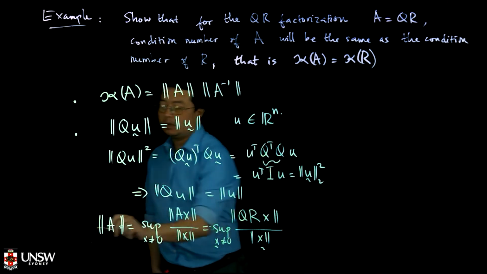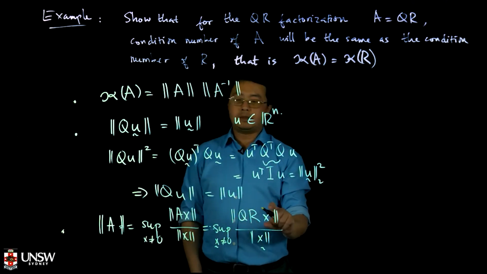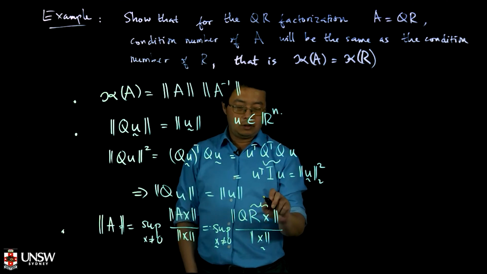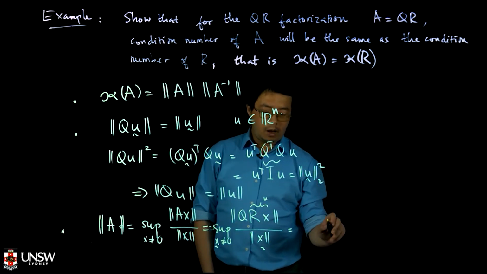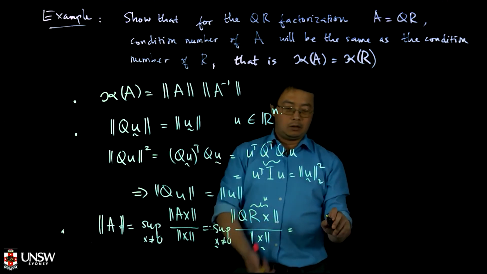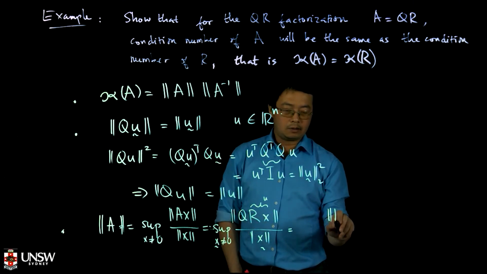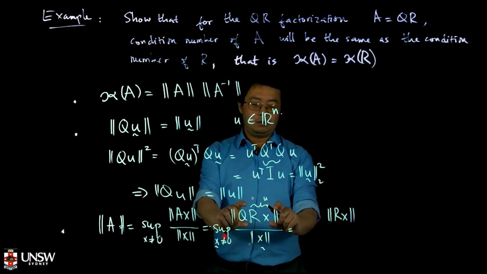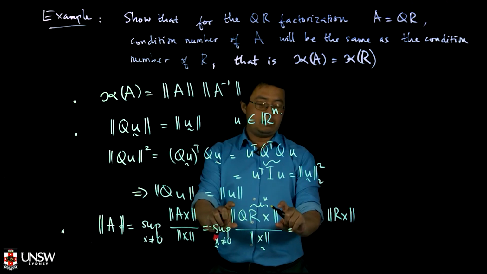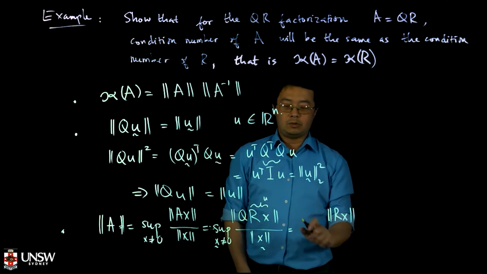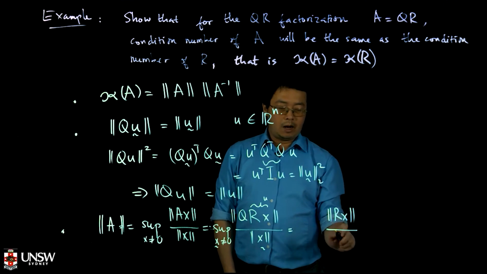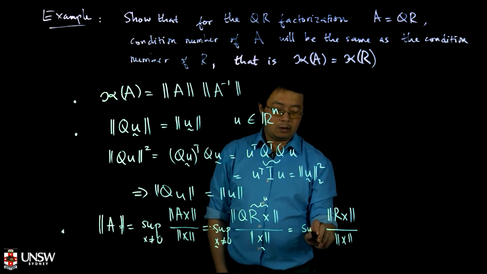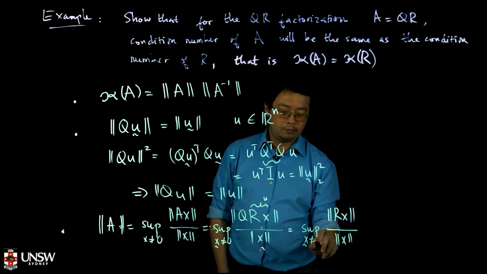But now because of QRX, okay, if I label this to be the vector U, then this is the same as the length of the vector RX, because the norm of QU equals the norm of U. So I can put the norm of RX here, and now divided by the norm of the vector X, and I take the supremum over the vector X non-zero.